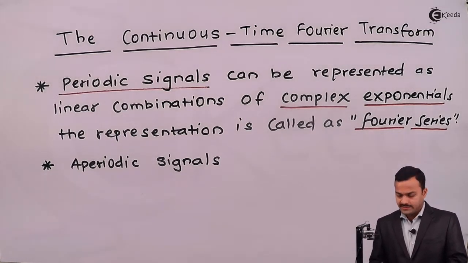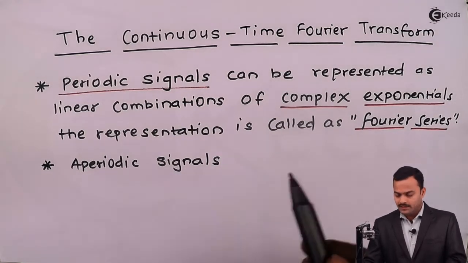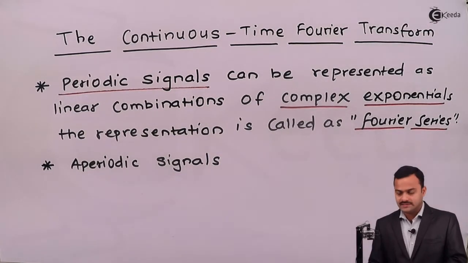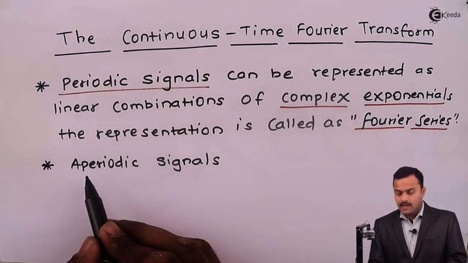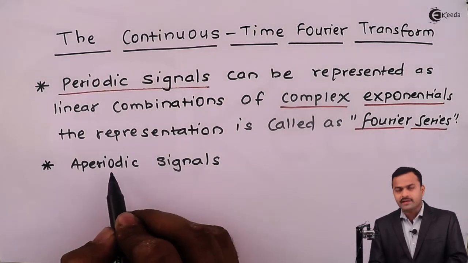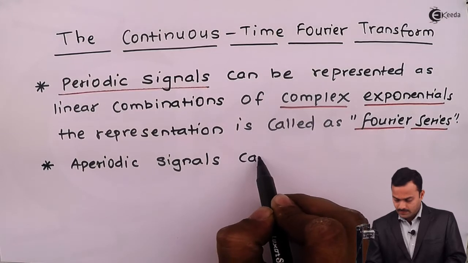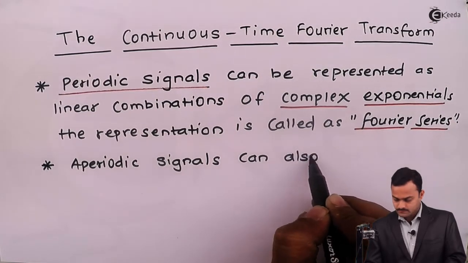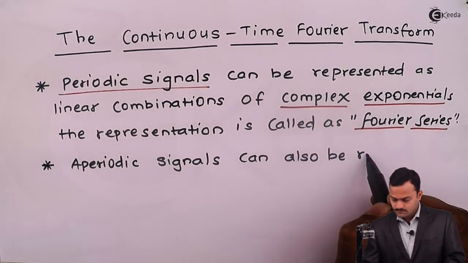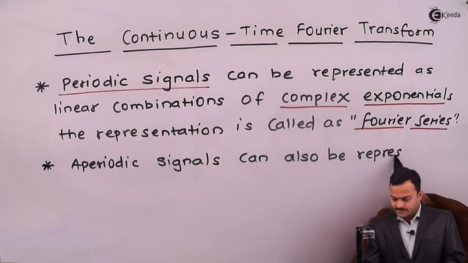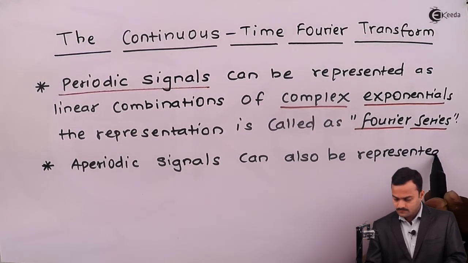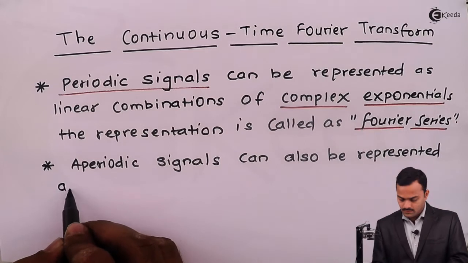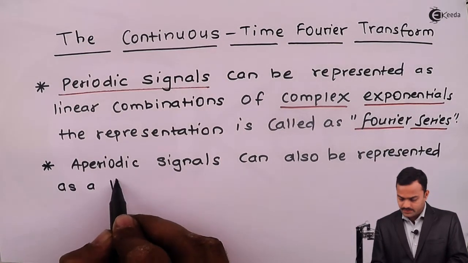Aperiodic signals can also be represented as a linear combination of complex exponentials, but that won't be by virtue of the Fourier series.